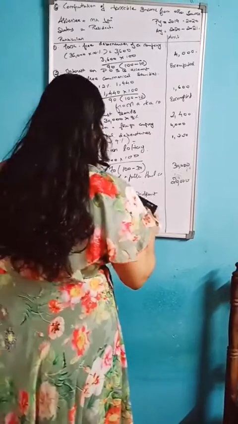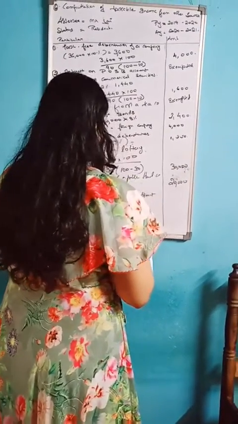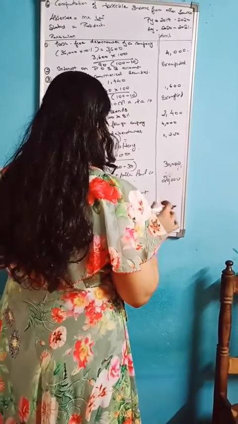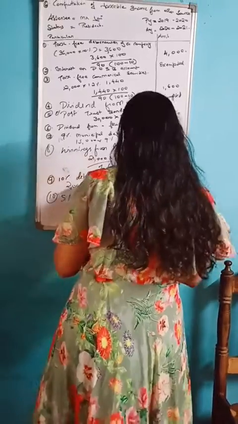So how much will you get? 12,000 into 5%, you will get 600. Okay.